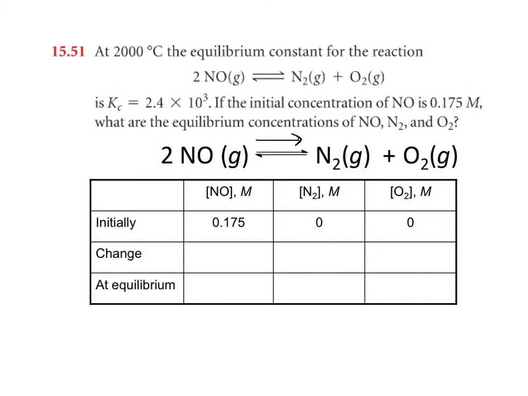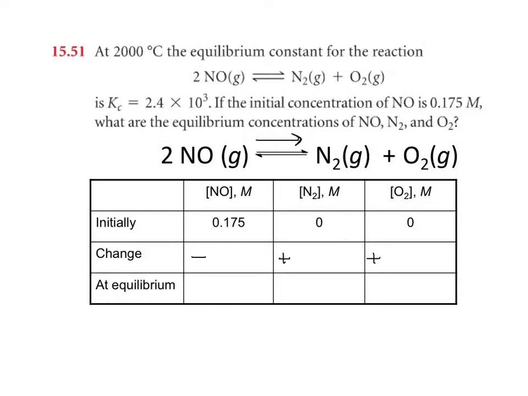All right, so we're going to be losing our reactant as the reaction proceeds, and we're going to be gaining products. So I'm going to illustrate that by putting the minus and plus signs in the change row.